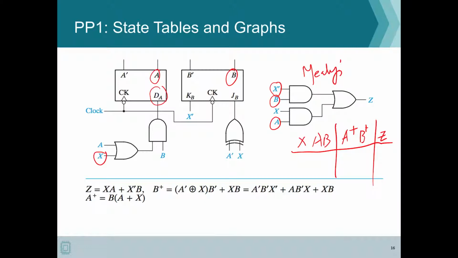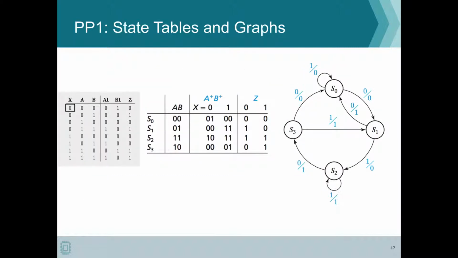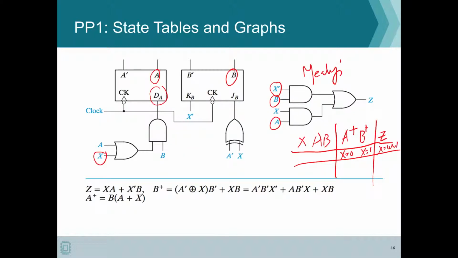Here we will have instances when X is equal to 0 and X is equal to 1, and similarly X is equal to 0 and X is equal to 1. So here we can have the state, and we compute the equation for Z, which is shown here.